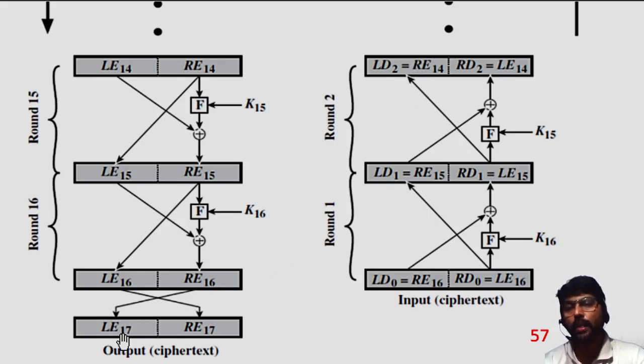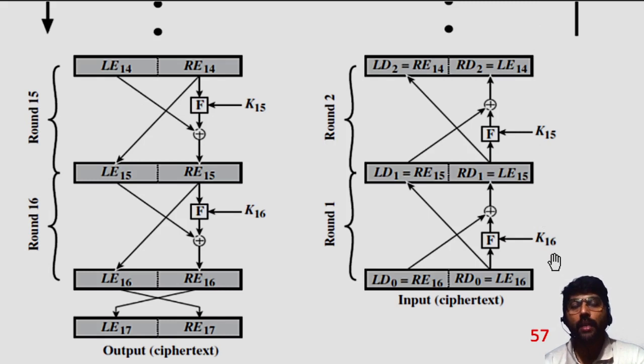If you see here properly, during decryption, whatever is on the left hand side goes to the right hand side, and the right hand side goes to the left hand side, and the process is the same as encryption. Each round is the same as in encryption, but the subkey values given are in reverse order.